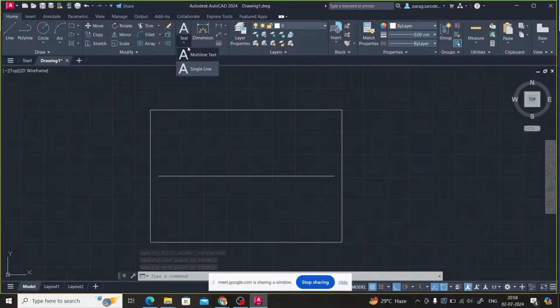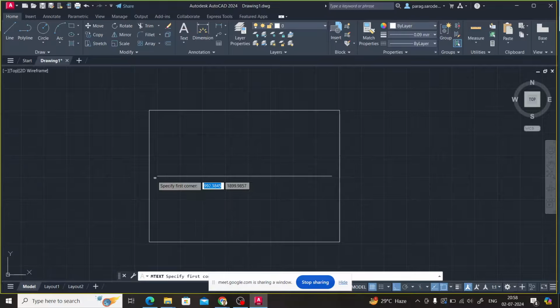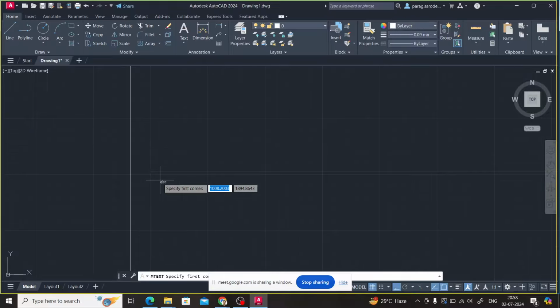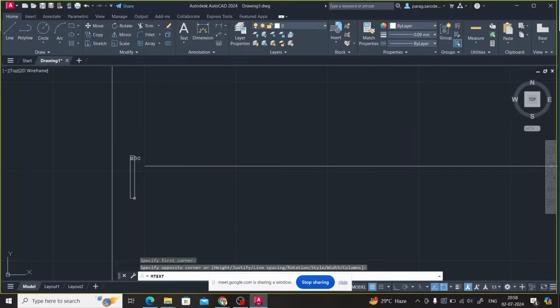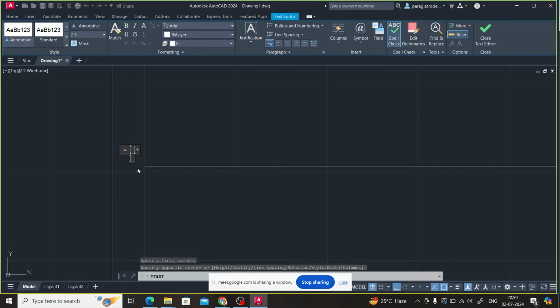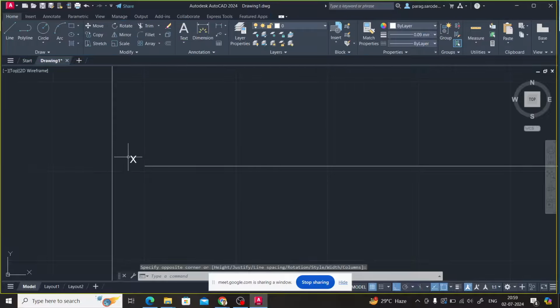Now I will give the name to this line. Which command have I taken? This multi-line text. Then I will type X here. I can take the size, 4 I have taken.